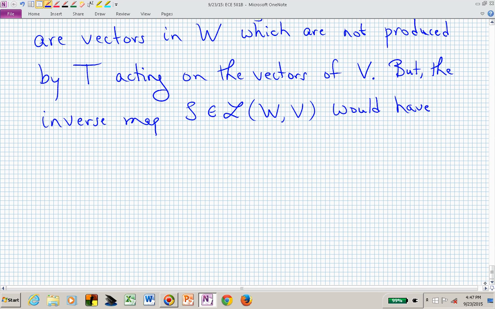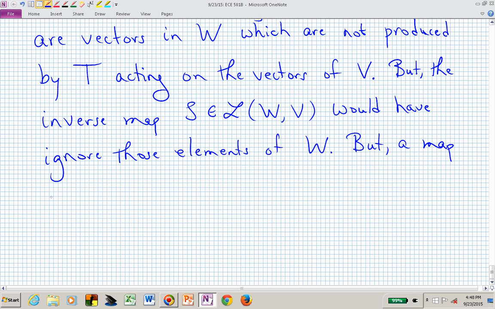But the inverse map S from W to V would have to ignore those elements of W. And there's where we run into problems. But a map acts on all elements of a space.